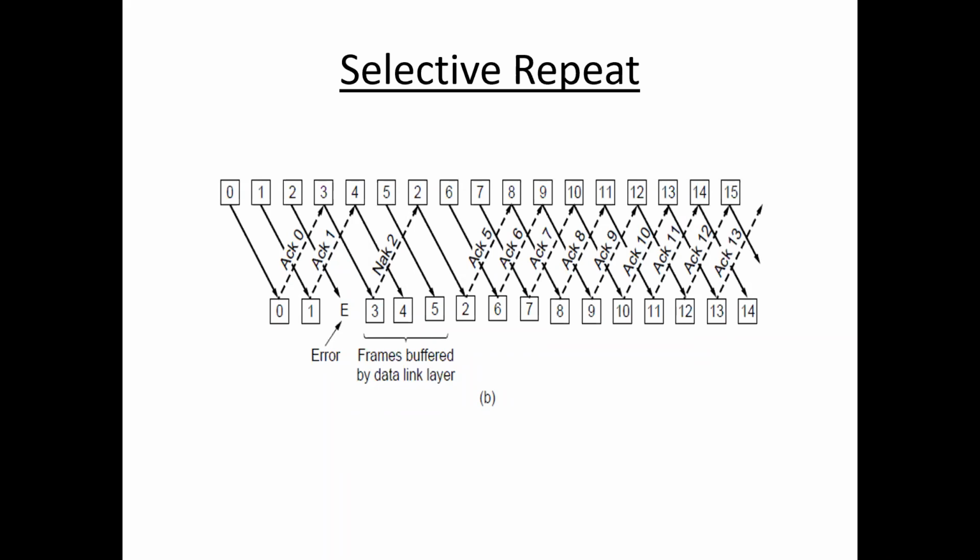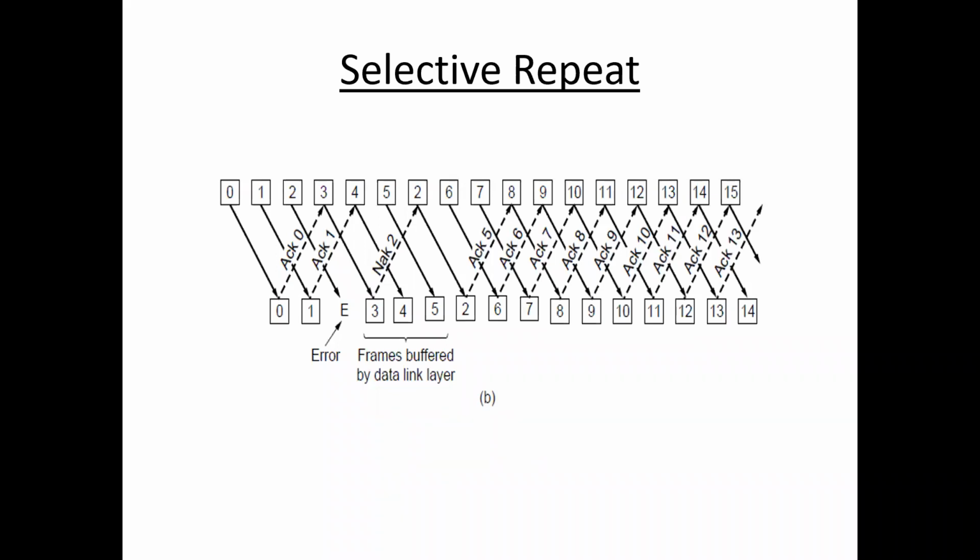In selective repeat, if there is an error in a frame, that frame is discarded and the receiver sends a negative acknowledgement to the sender. Then the sender sends that frame again.